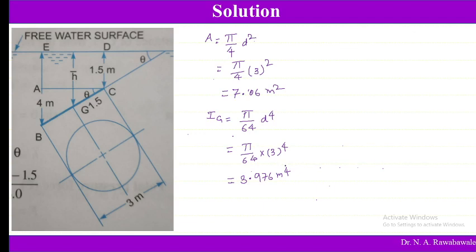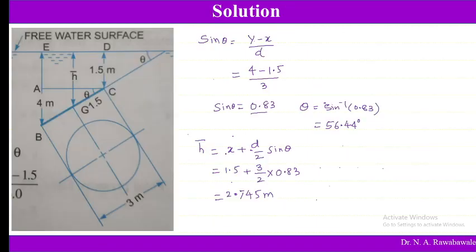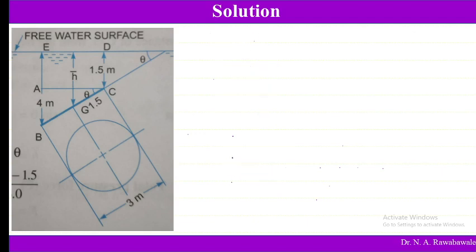So now we know the area, we know h bar, we know Ig. Now we can find the force F. Everything is known, so we can find F and H star. Total pressure force F is equal to rho g a h bar.